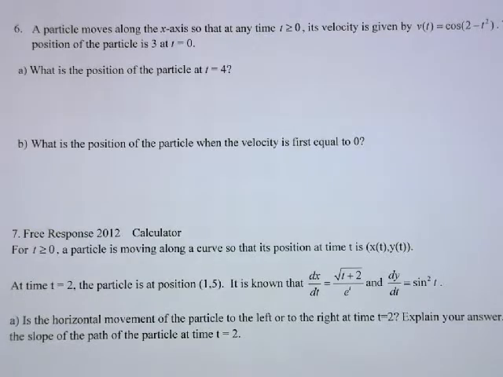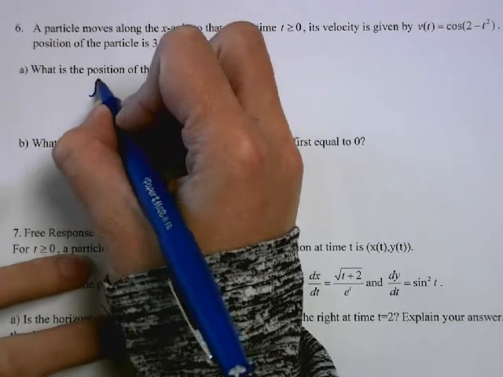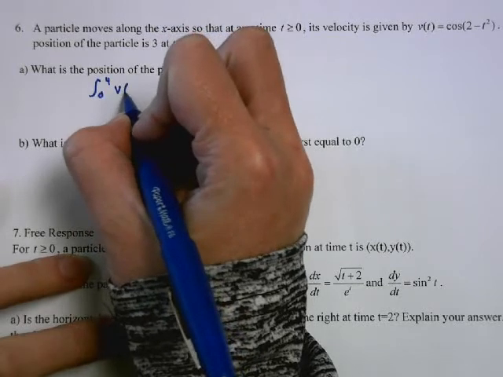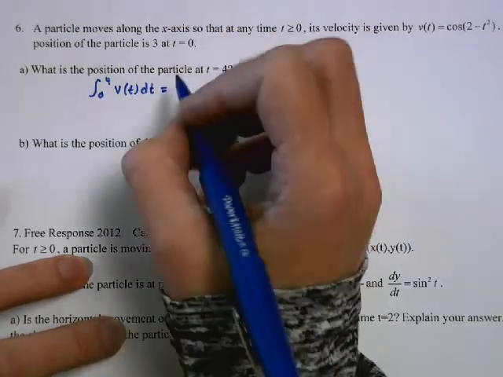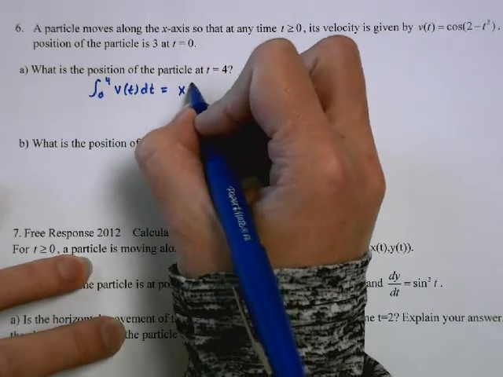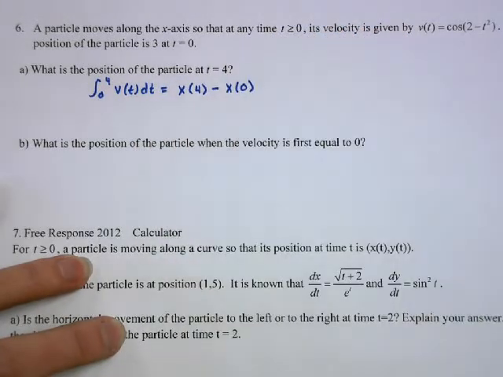Okay, a particle moves along the x-axis so that at any time t, its velocity is given by cosine of 2 minus t squared. The position of the particle is 3 at t equals 0. We want to know the position of the particle at t equals 4. Well, the integral from 0 to 4 of v of t, the antiderivative of velocity being position, is going to equal the position at 4 minus the position at 0.